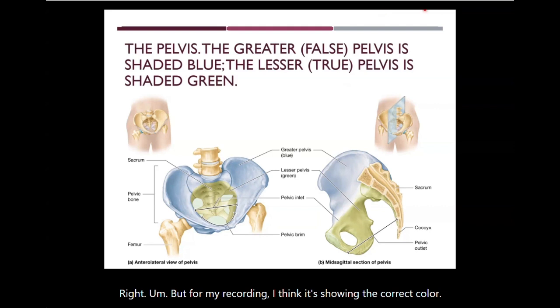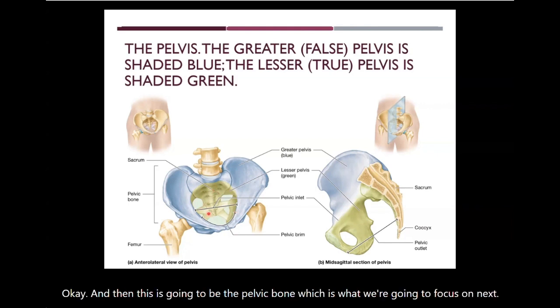But for my recording, I think it's showing the correct colors, so I'm going to go off of that. So the blue one here, this side, is the greater pelvis, which is the false pelvis, and the true pelvis is this inside part that we have, okay? And then this is the pelvic bone, which is what we're going to focus on next.